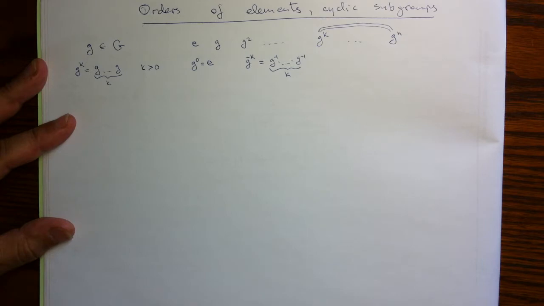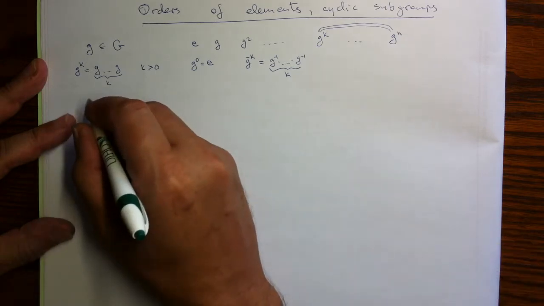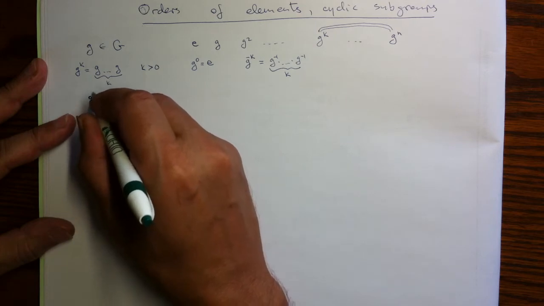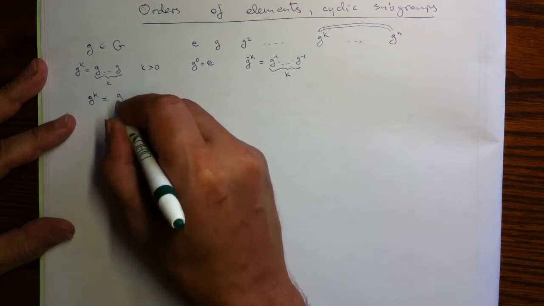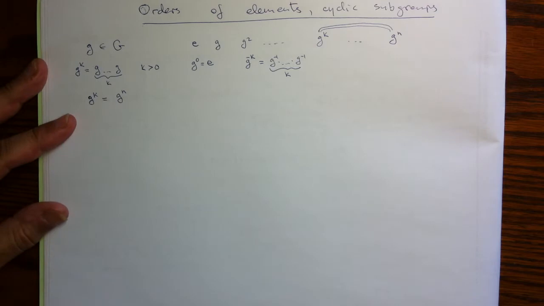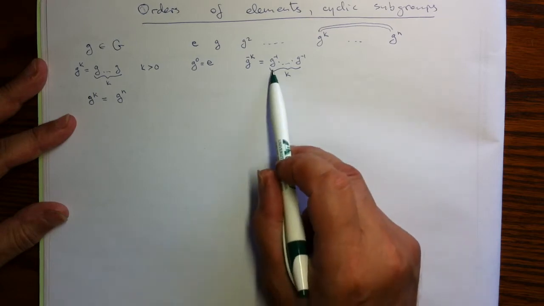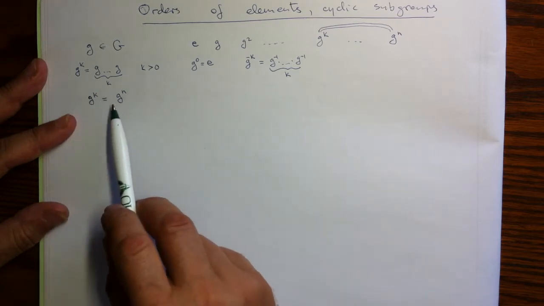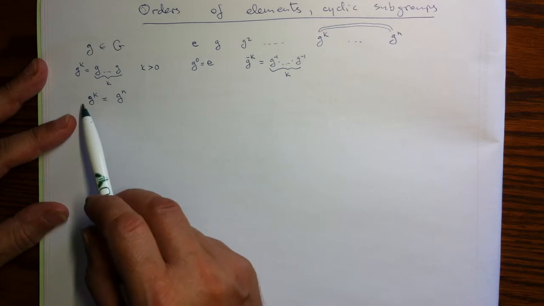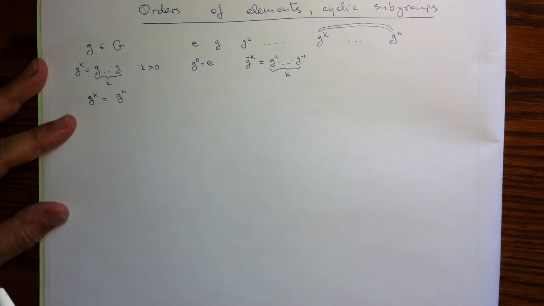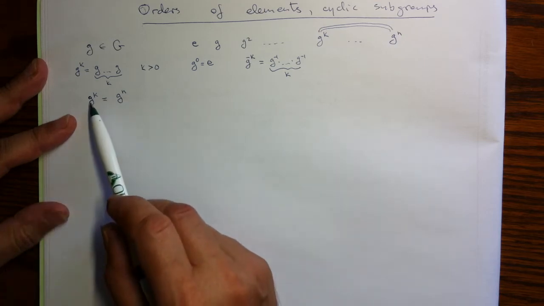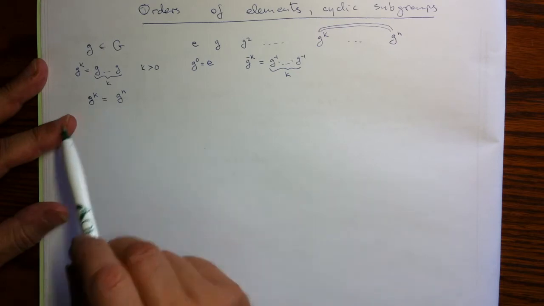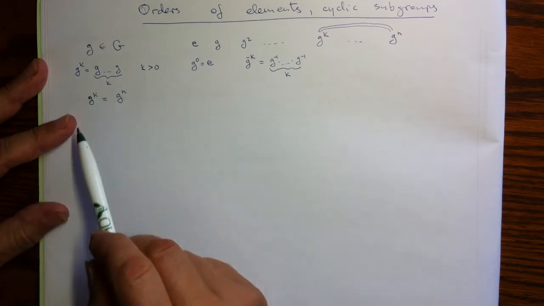That looks good and plausible, but it is not really, because let's look at this equation, that some smaller power is equal to some larger power. Well, in the group we have inverses. We can multiply this equation by the inverse of g, doing it k times, and that way we will just get rid of it.